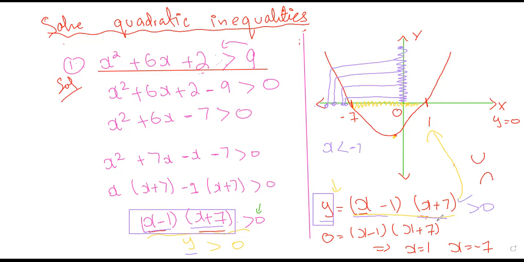Y equals x minus 1 multiplied by x plus 7. Now, we know that for y less than 0, this would have been the range because this is the curve that is corresponding to y less than 0, and this is the curve that is corresponding to y greater than 0. Do you guys agree?